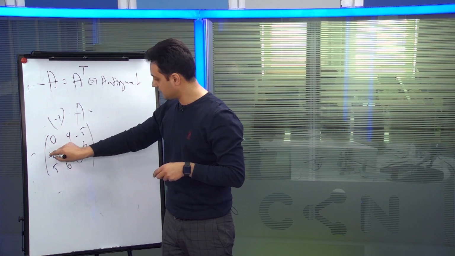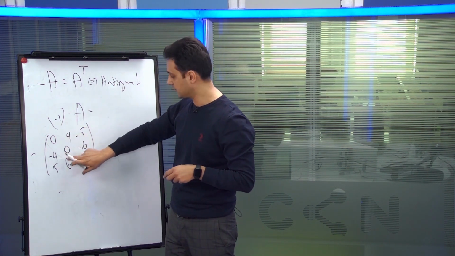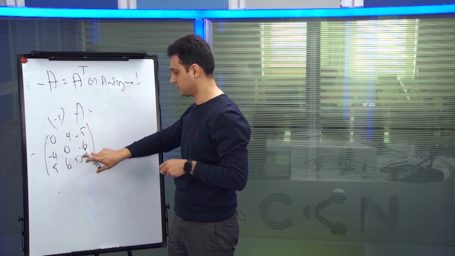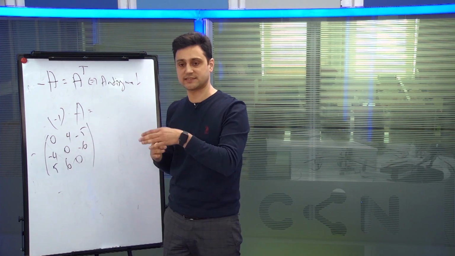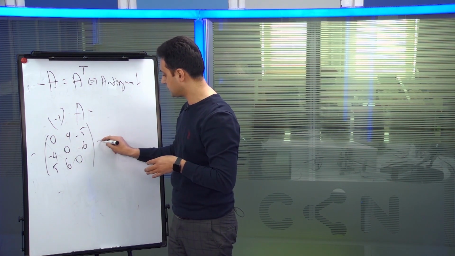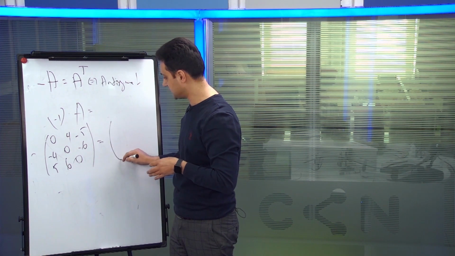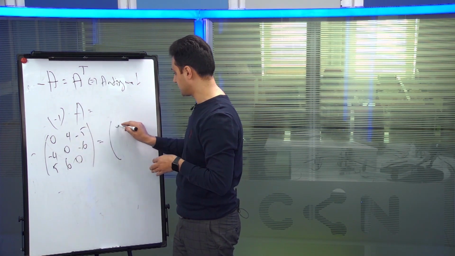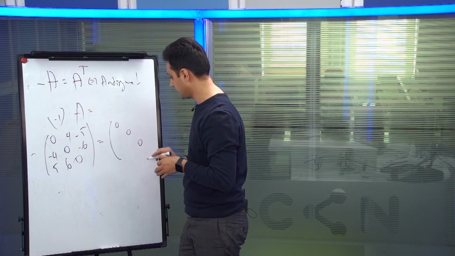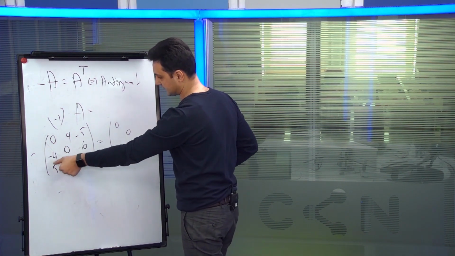So if it's -4, it must be 4, and 5, -5, 6, -6, the opposite sign. This is how we construct it.